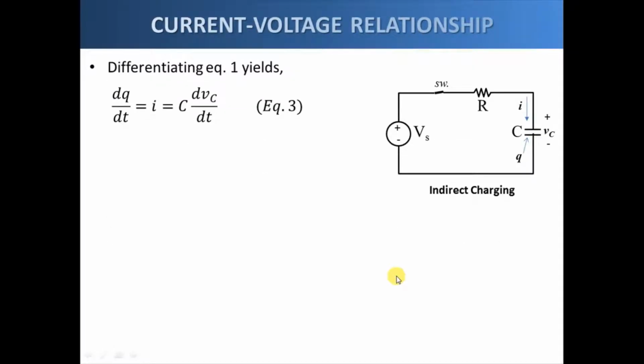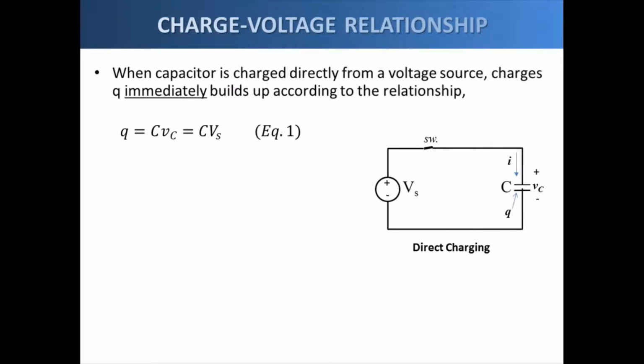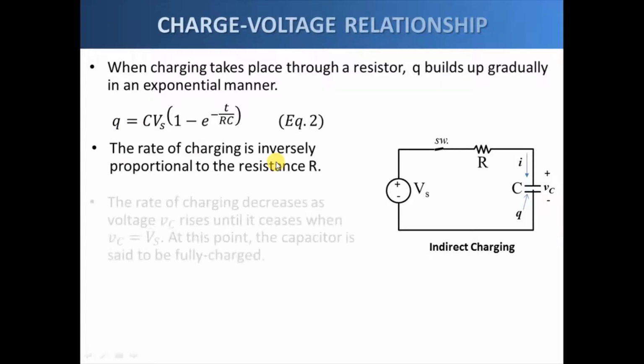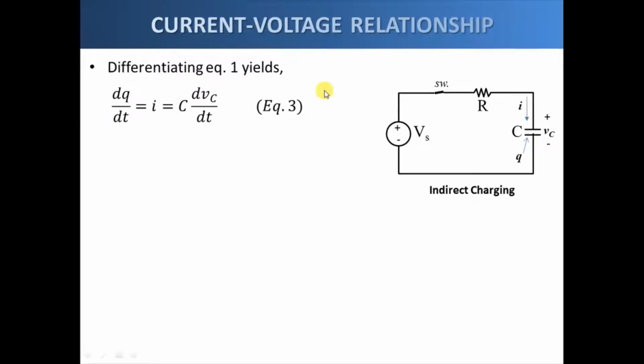Now let's say we differentiate equation 1. So equation 1 is this one. Let's differentiate both sides with respect to time. So we get this result. This is a very important relationship that says that the current that is flowing towards the capacitor is proportional to the time rate of change of the voltage across the capacitor.